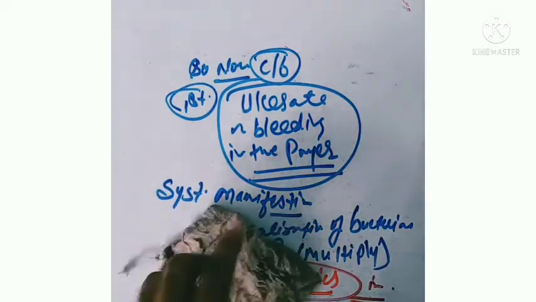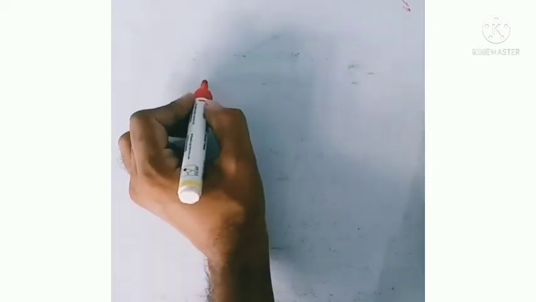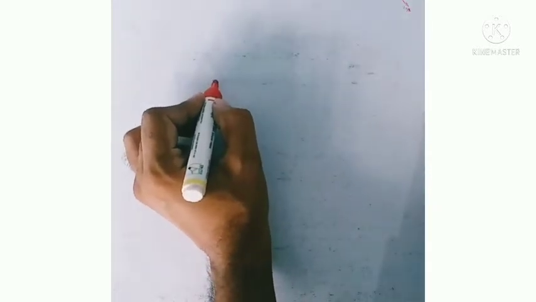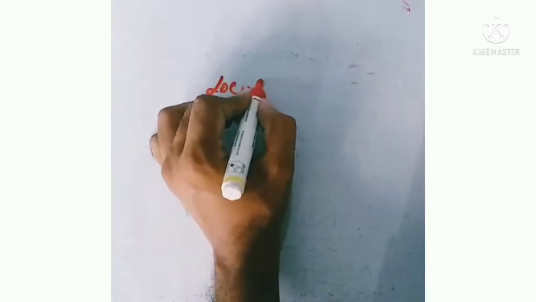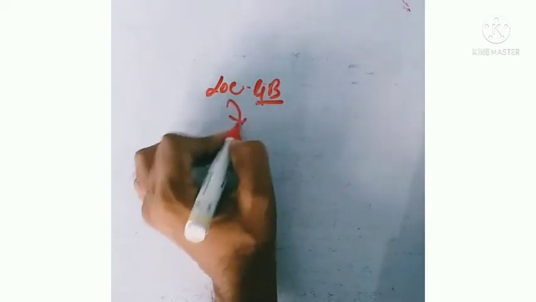Now, when you do the stool culture, you will find that this is positive for the bacteria. Why is the stool culture positive? See, once after the localization into the gallbladder, they are excreted into the bile.